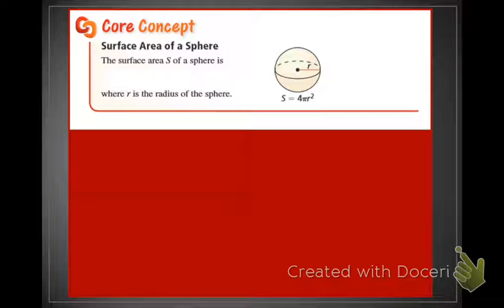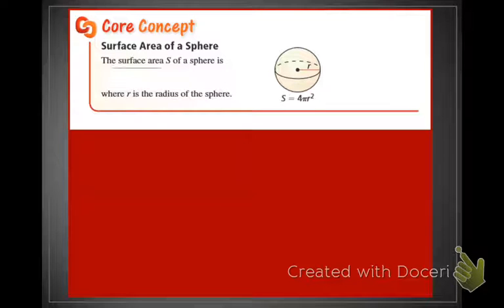Guess where it comes from? Surface area is the outer of an object, correct? So where does pi r squared come from? It's the area of a circle.